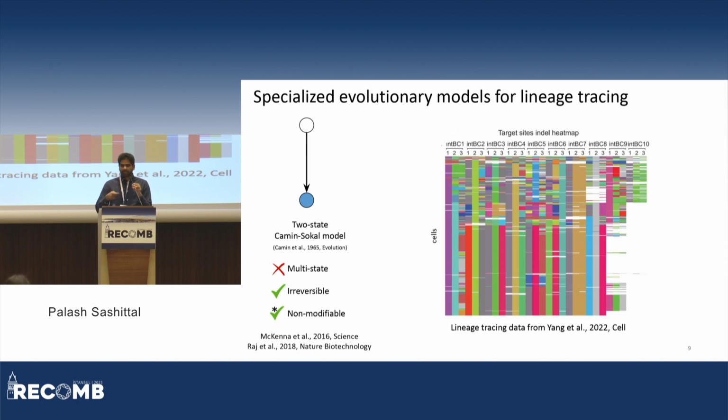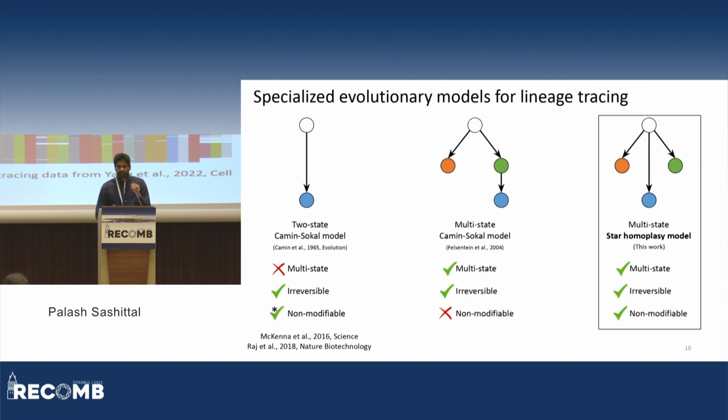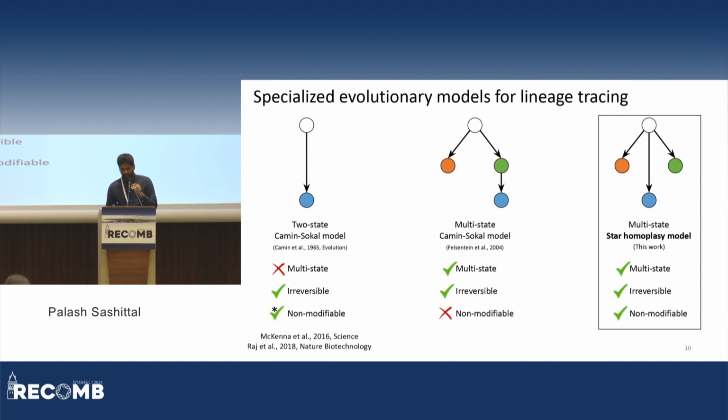There is a multi-state version of this model, which fewer people have studied or know about, which is a multi-state Camin-Sokal model. But under this model, you're allowed to have transitions between mutated states, as you can see here, from the green state to the blue state. So the non-modifiability is not really enforced in this model.